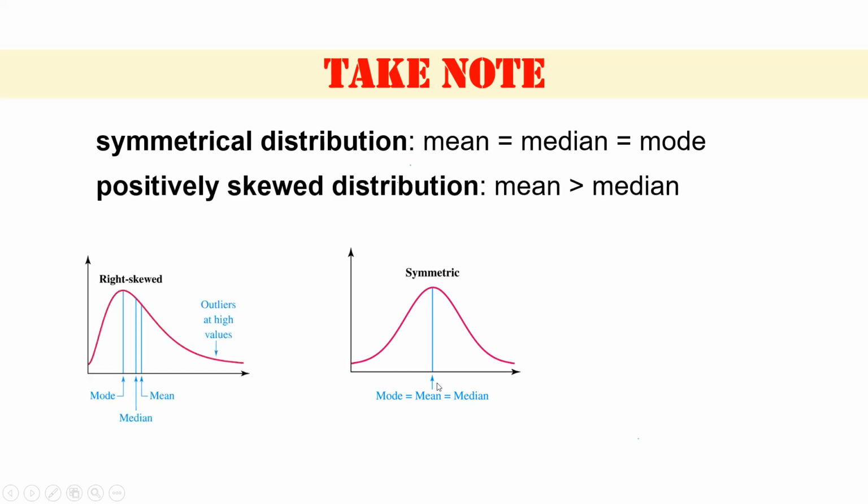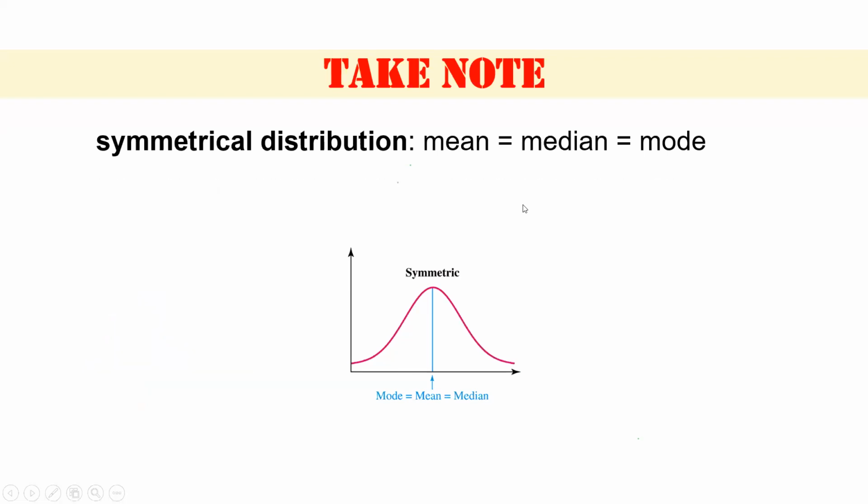However, in a positively skewed distribution, by the way, as you go to the left, the scores become smaller. As you go to the right, the scores become higher.